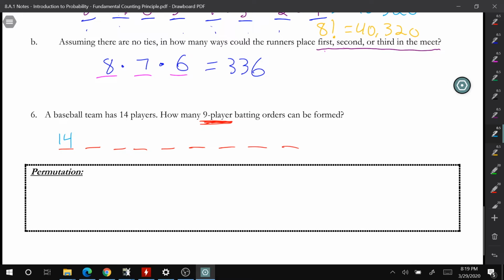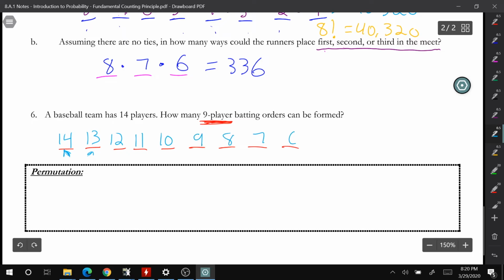Well, in baseball, you can't have the same person batting in the order in 2 different spots. So if I put someone here at the first spot, they can't be second spot as well. So I only have 13 options here. And then I have 12 options. And then 11, 10, 9, 8, 7, 6.